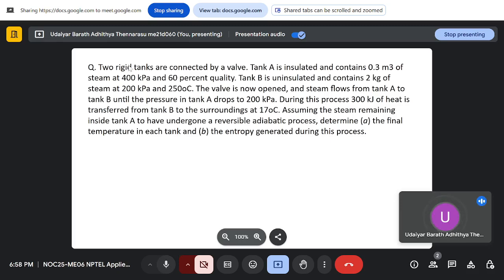So the two rigid tanks are connected by a valve. Tank A is insulated and contains 0.3 meter cube of steam at 400 kilopascal and 60% quality. Tank B is uninsulated and contains 2 kg of steam at 200 kilopascal and 250 degrees Celsius. The valve is now opened and steam flows from tank A to tank B until the pressure in tank A drops to 200 kilopascal.